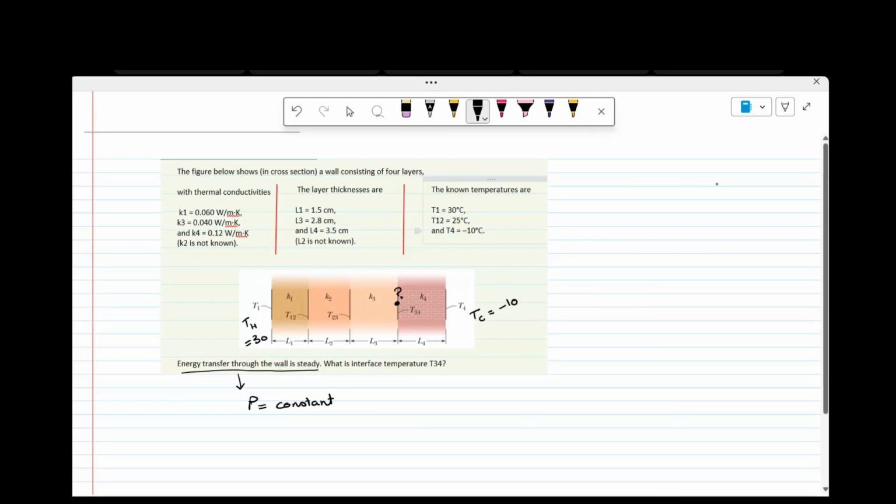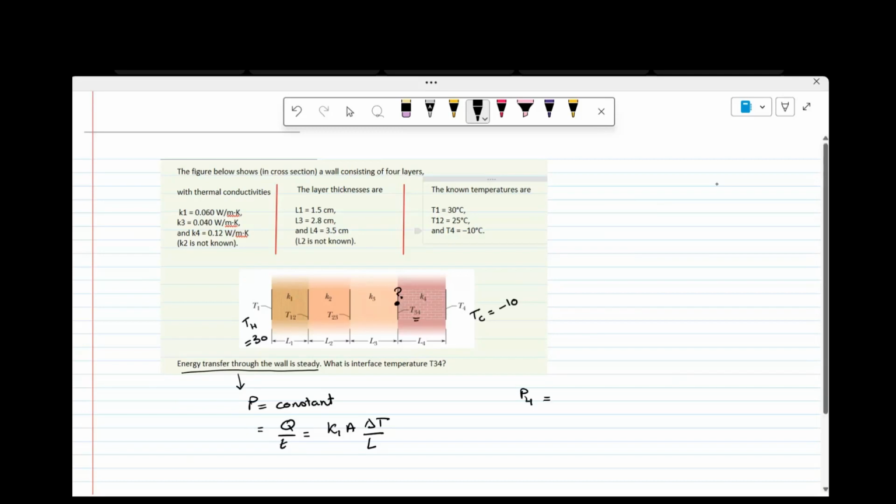P is the rate of conduction heat transfer, and we have studied in the lectures that it is equal to Q over time. And it's also written as K1A delta T over L. So if this is constant, then it's the same across all of the slabs and at any location within the slabs as well.